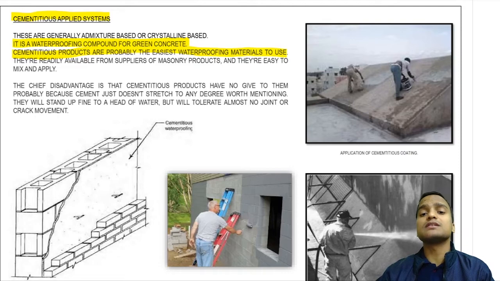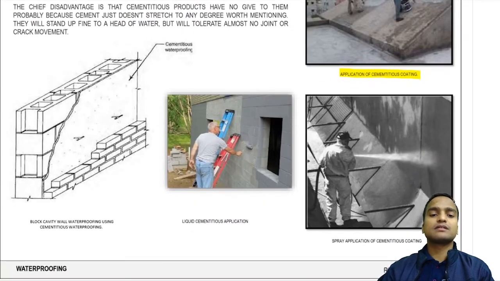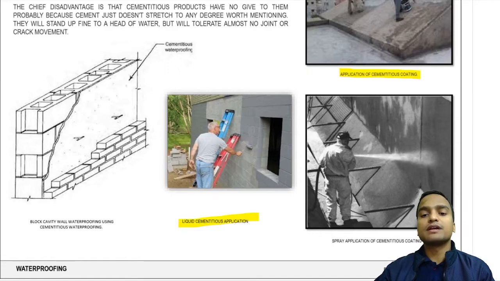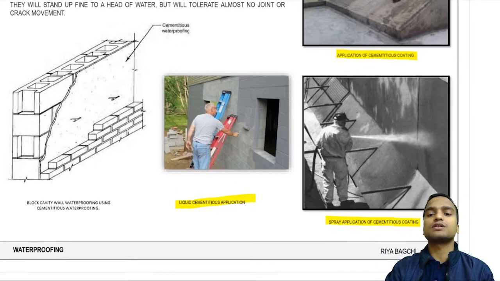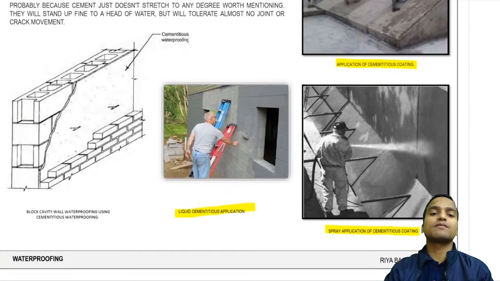So you can see in this figure the application of cementitious coating being done, and here on the walls this liquid cementitious application is being done, whereas in this case the spray application of cementitious coating is being done on the foundations.